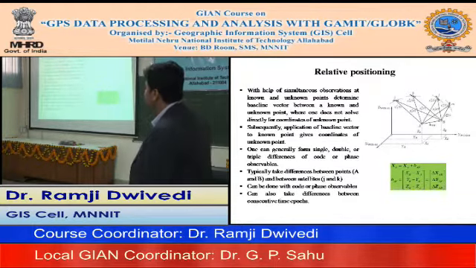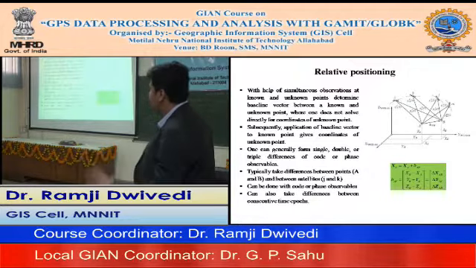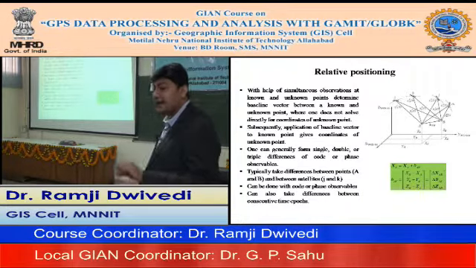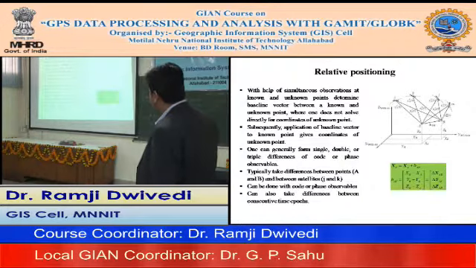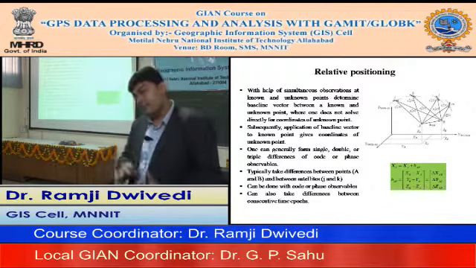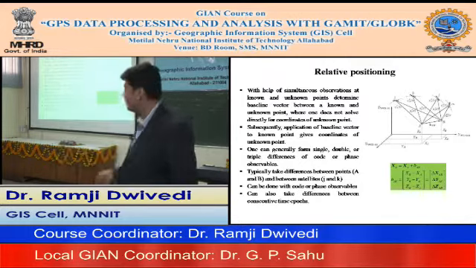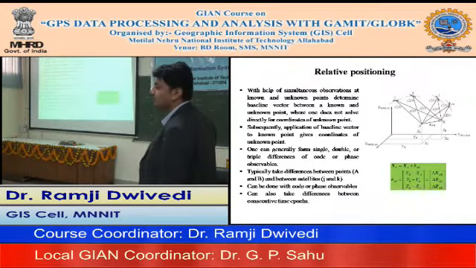If you have a very nice estimate of this baseline vector, as well as its error component, not only the baseline vector which is 3 cross 1, but also a 3 cross 3 variance covariance matrix, that will eventually help us have a proper estimate of XP.